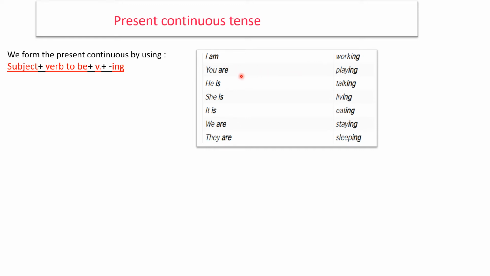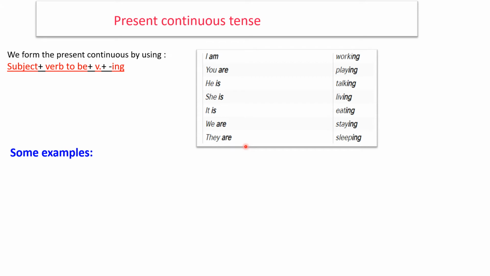You takes are: you're playing. He, she, and it takes is: he is talking, she is living, and it is eating. In addition, we and they take the verb to be are: we are staying and they are playing.